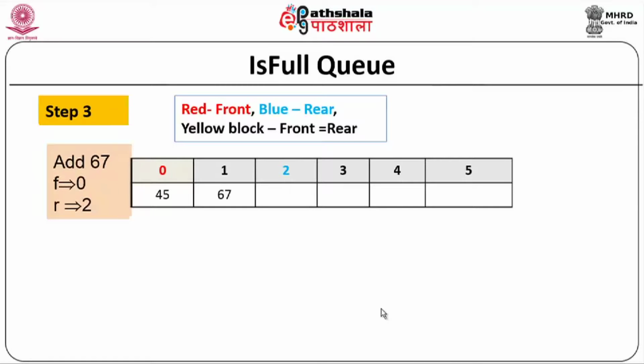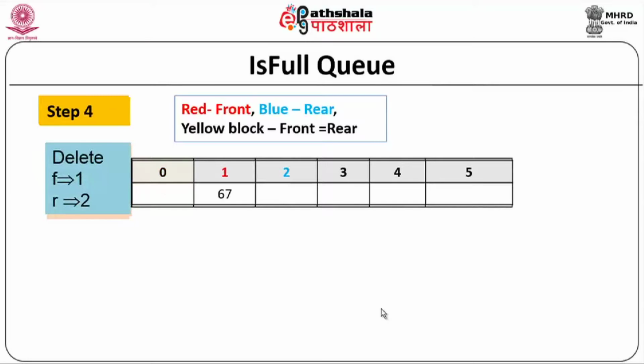Now, I do a delete. When I do a delete, the front gets incremented. Okay. So, now front is pointing to 1, deletion has happened, of course, you look at the previous one, 45 has been deleted. So, front is pointing to 1, rear is still at 2. Now, again I do a deletion.